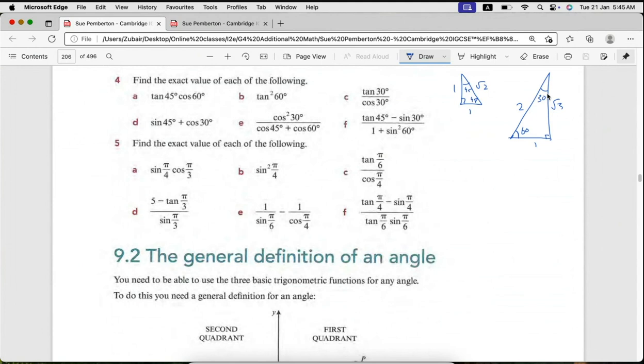Well, A has to be 1/2, because tan 45 equals 1, and then cos 60 equals 1/2.